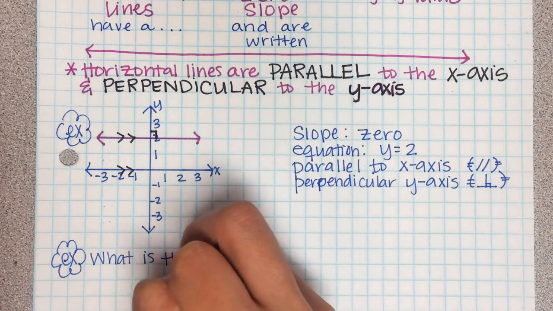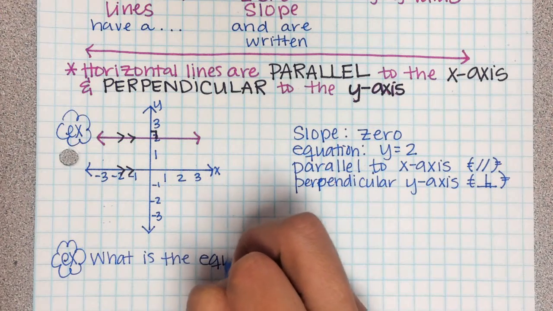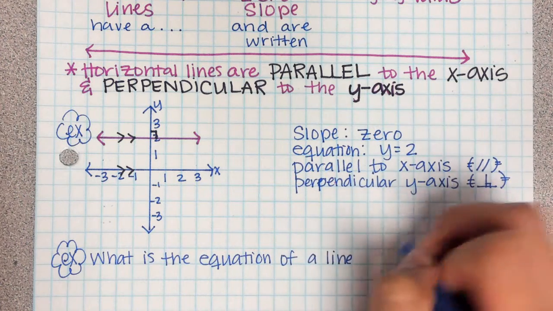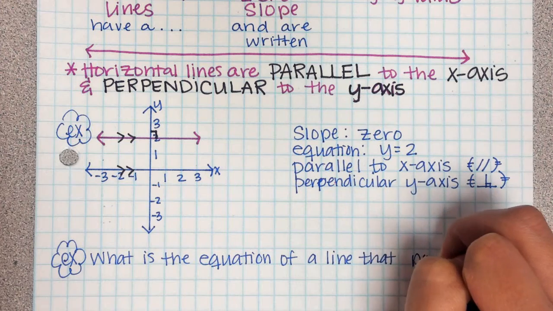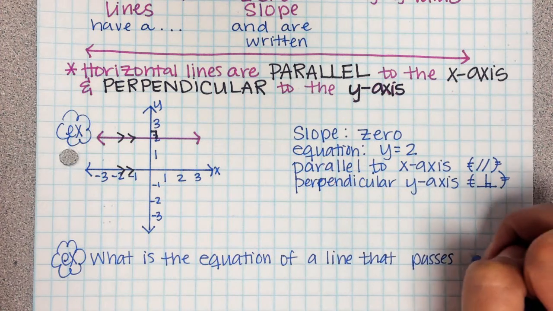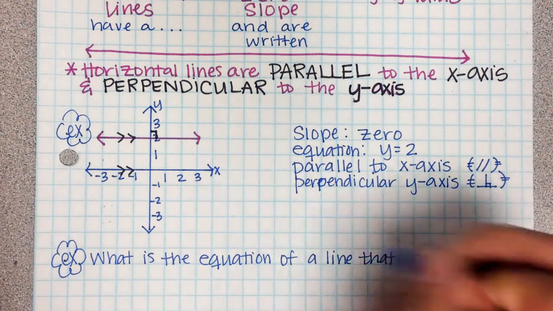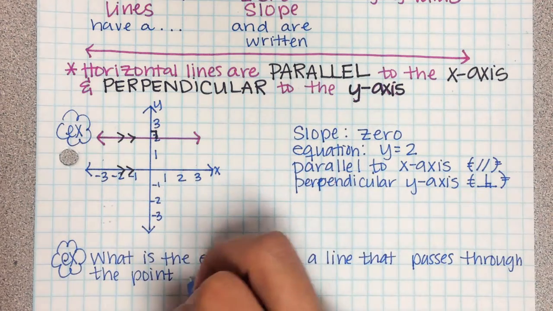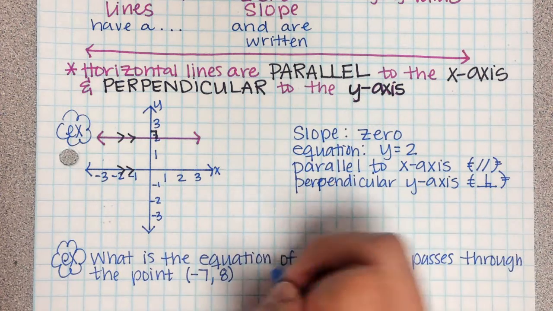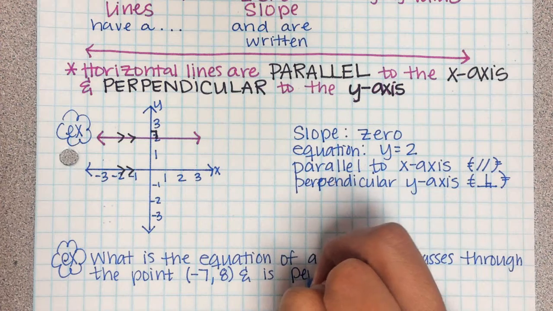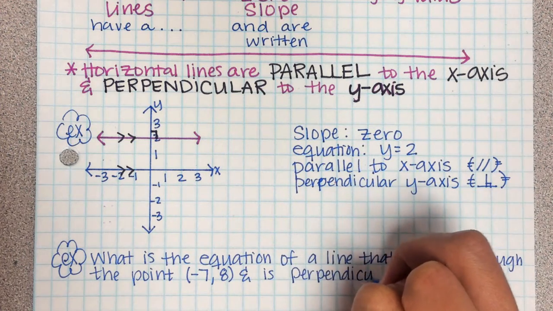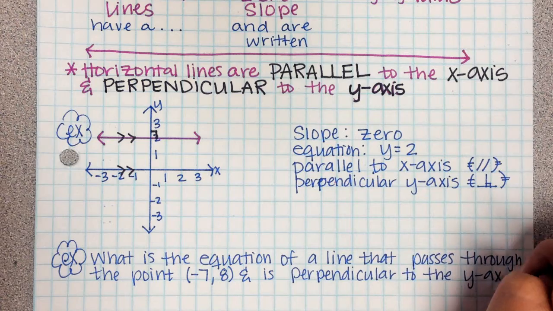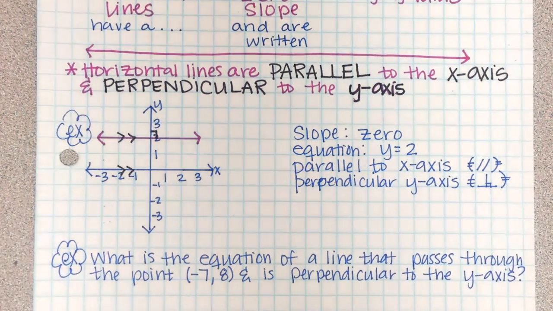What is the equation of a line that passes through the point -7, 8 and is perpendicular to the y-axis? Oop, y'all can't see that.